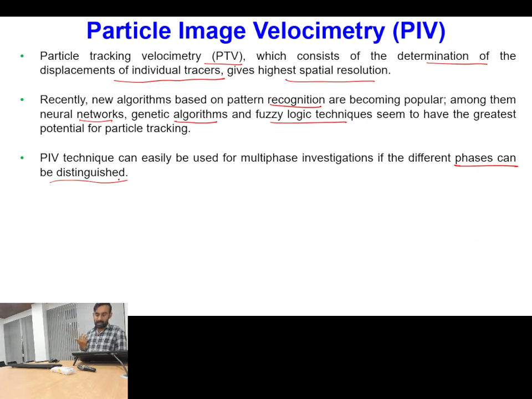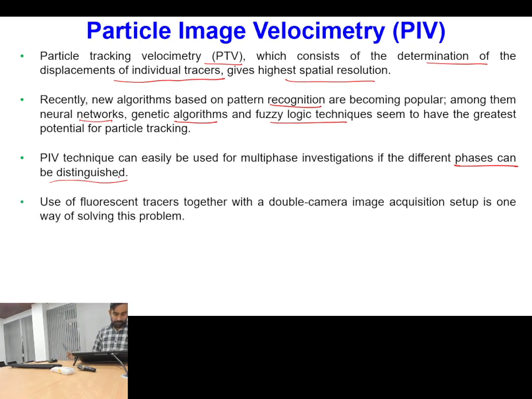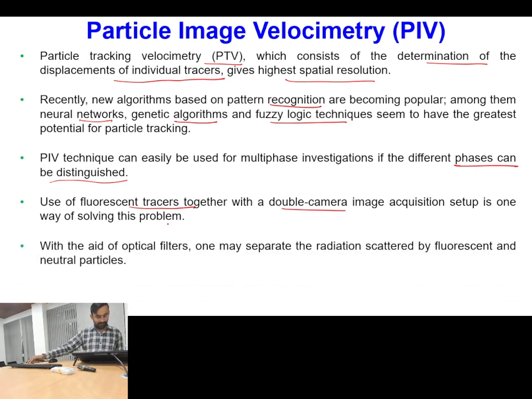For capturing the interface we need another camera, as I told you previously: for multi-phase flow problems we use two cameras, one capturing the interface and the other capturing the particles. Use of fluorescent tracers with a double camera image acquisition setup is one way to solve this problem, and when we use optical filters, we can separate the radiation scattered by fluorescent and neutral particles.